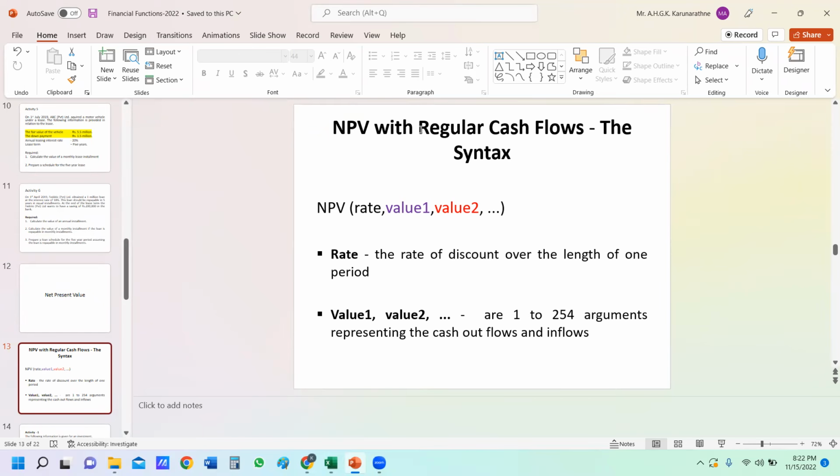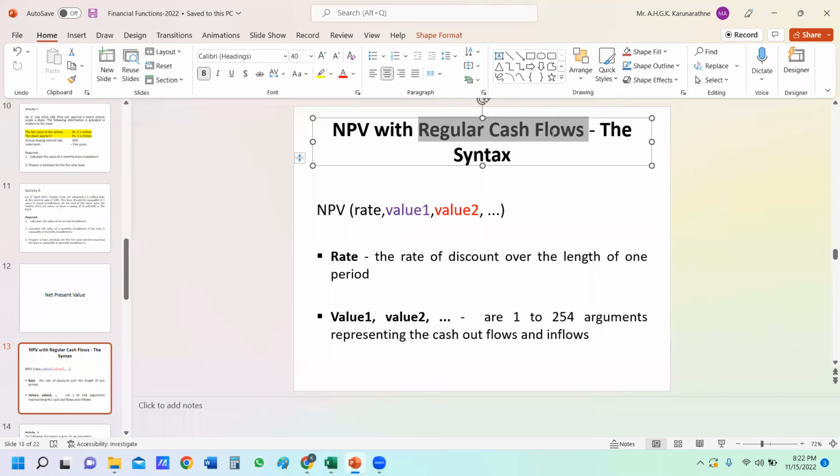NPV with regular cash. There are two formulas to compute net present value. One is called NPV, the other one is called XNPV, but here we are going to discuss just NPV.